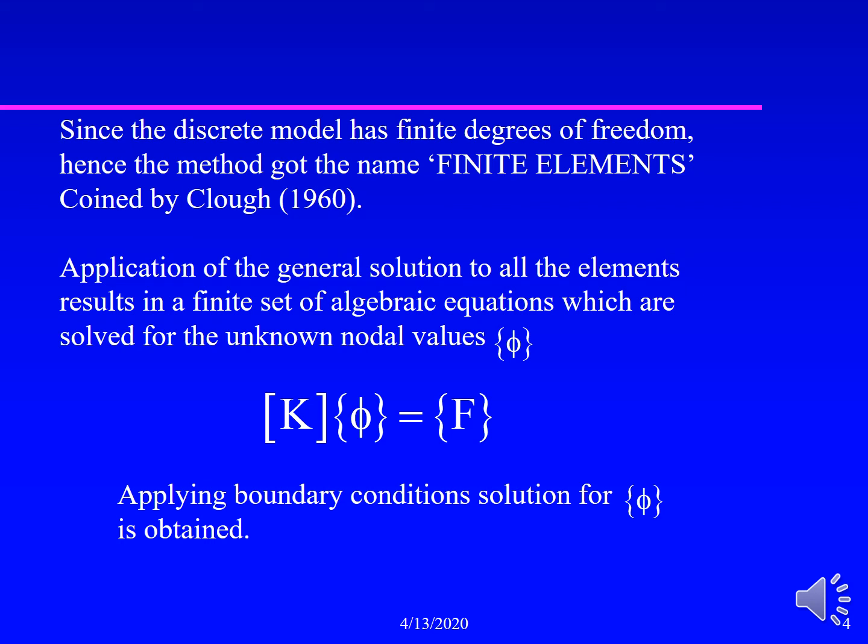The equation is k phi equals f. F is the applied load, k is the stiffness, phi is the unknown value, maybe nodal displacements, or in heat transfer it may be temperature. Applying boundary conditions, the solution for phi is obtained.